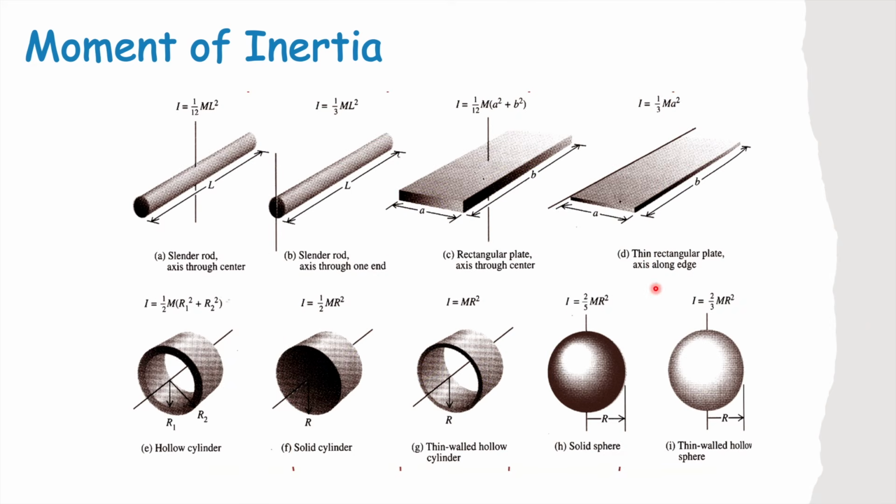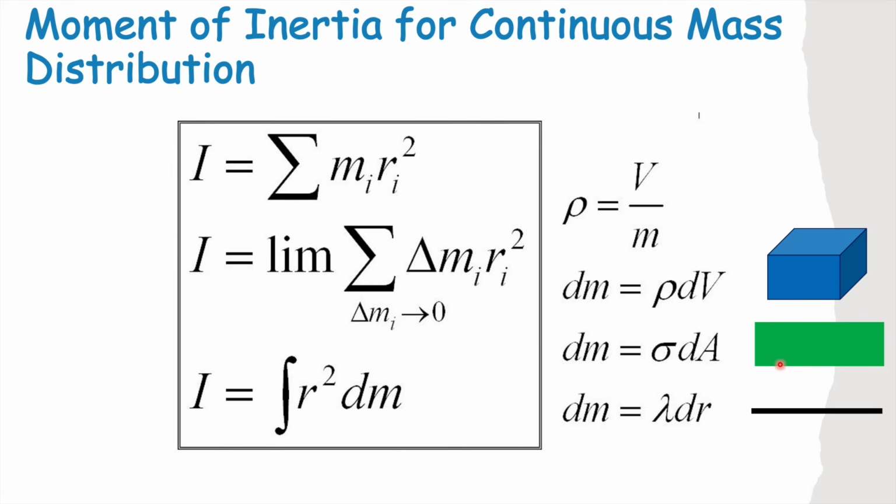So these are the list of moments of inertia of different solids. And the general equation in calculating the moment of inertia is simply this one. Okay, so the integral of r squared dm, where dm stands for the infinitesimal mass. It depends if your mass is distributed in a line, in a surface, or a volume.